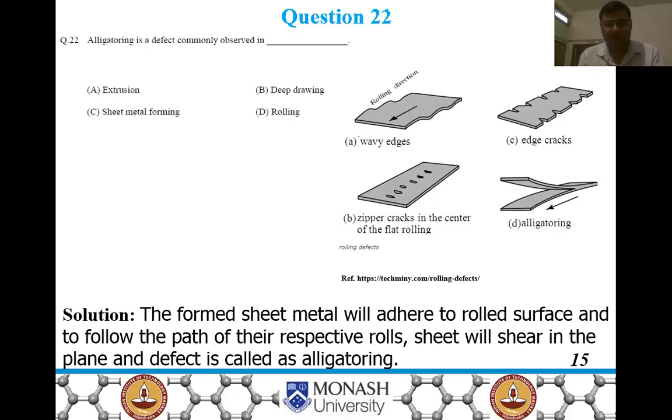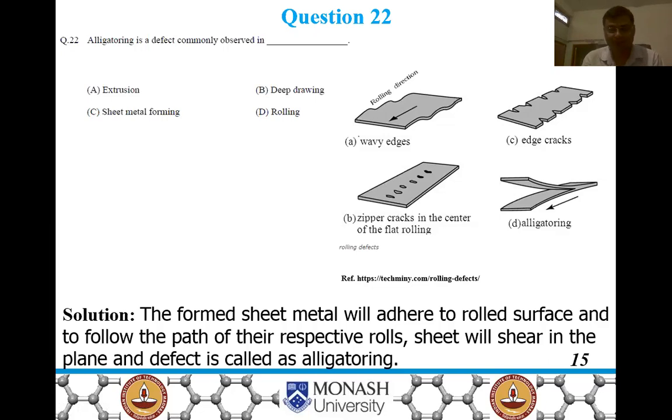Question number 22. Alligatoring is a defect commonly observed in rolling. These are the four rolling defects: wavy edge like this, and edge cracks. So we have cracks at the edges and zipper cracks in the center of flat rolling, and alligatoring like this. The sheet will adhere to the rolled surface and follow the path of the respective rolls.